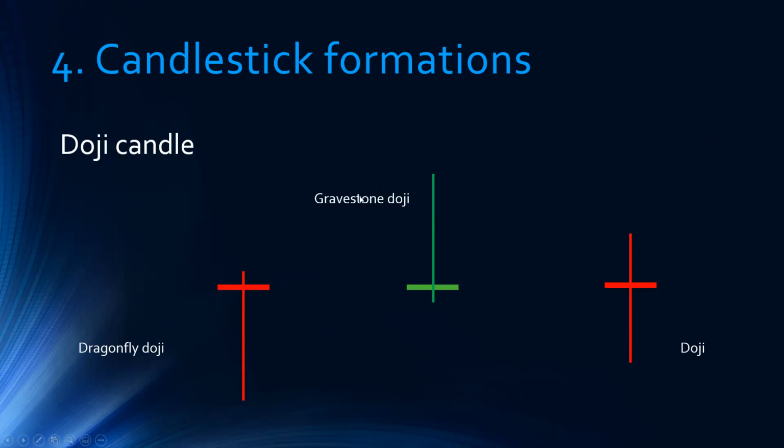And then you've got what's called the gravestone doji, where price traded higher and rejected and closed at the low. And then you've got the dragonfly doji, which traded lower and then rejected and traded back up and closed near the high. Okay, so that's another formation that we'll look at.